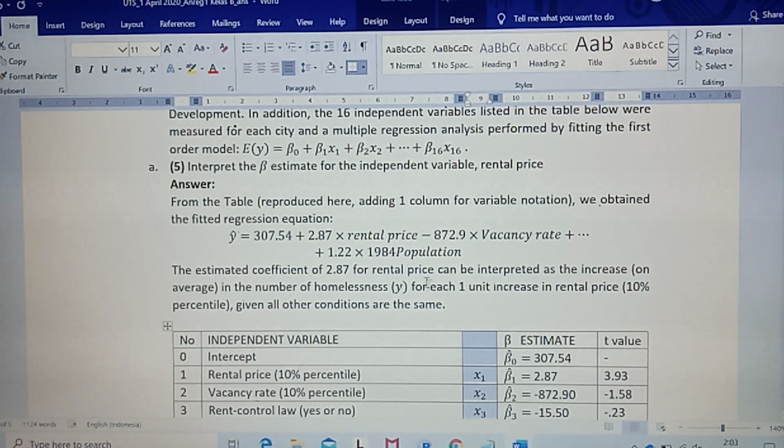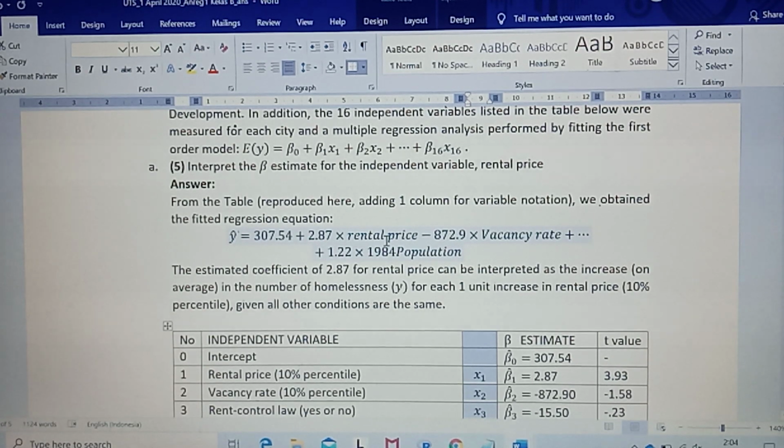Based on this output, according to this model, beta naught plus beta 1 x1 plus beta 2 x2 and so on, we get the fitted regression equation here.